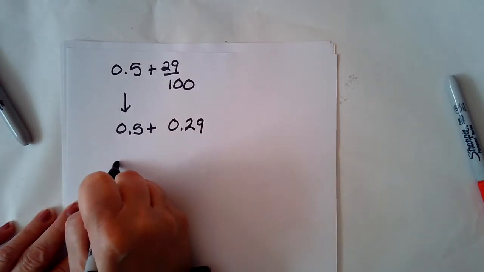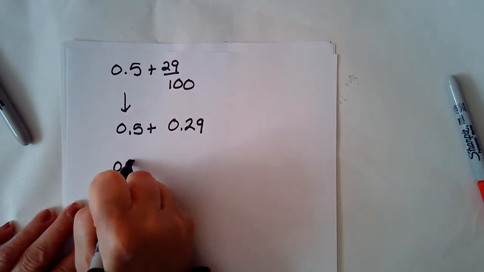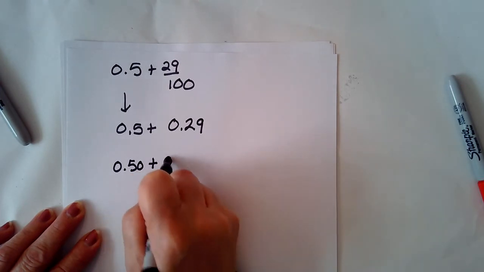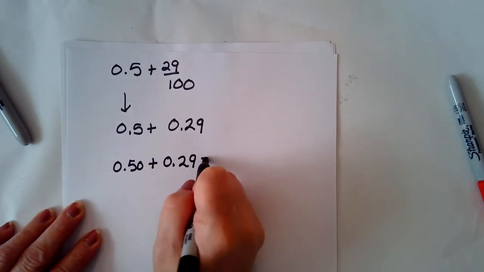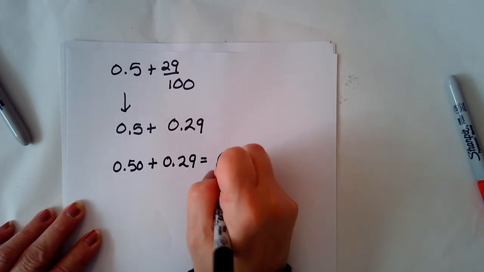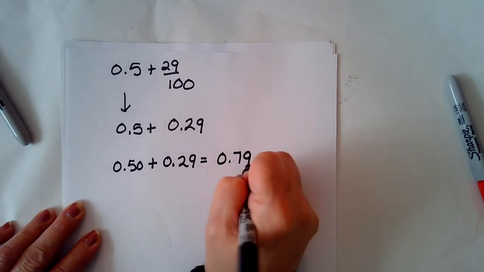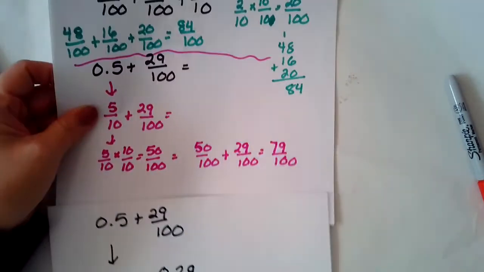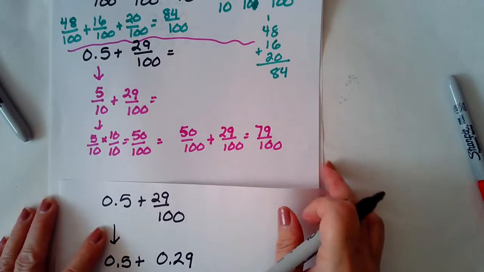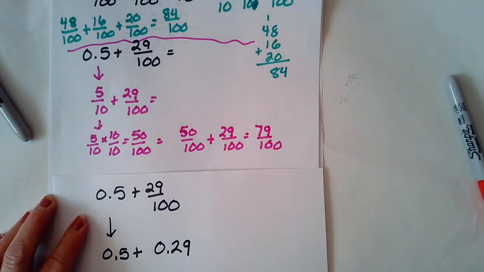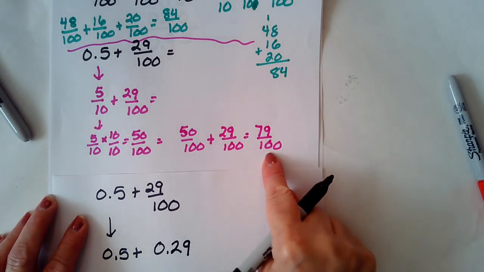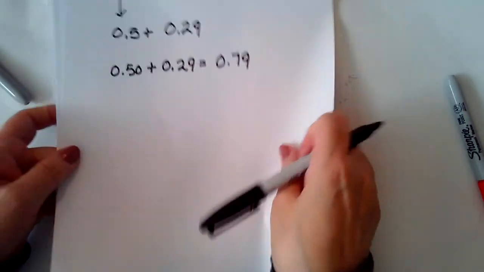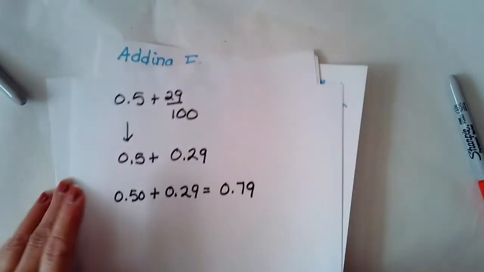All we need to do is to make 0.5 into 0.50 or 50 100ths plus 0.29. And that's going to give us an answer of 79 hundredths, which is the same as what we got when we made both numbers into fractions. 79 hundredths is the same as 0.79.